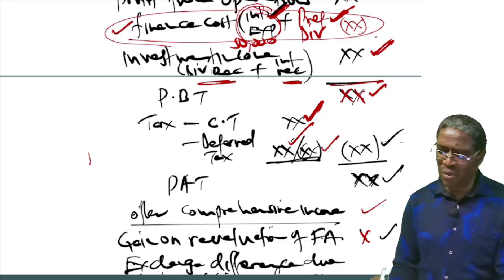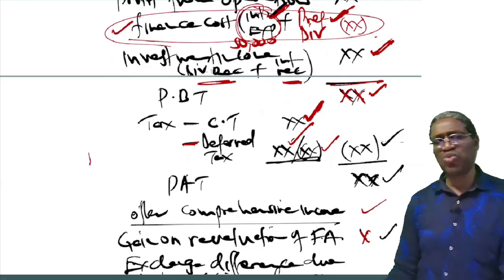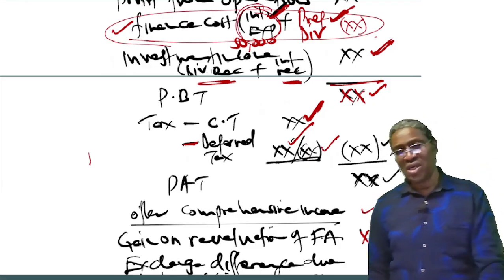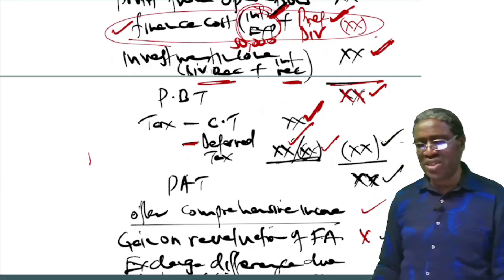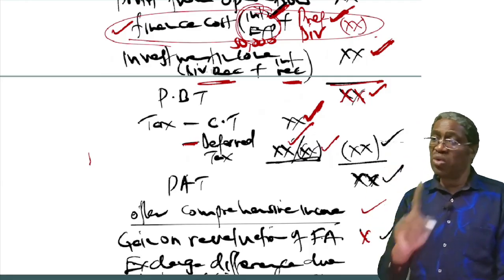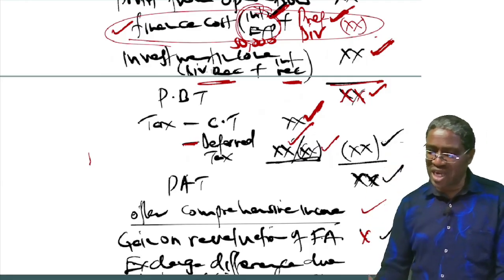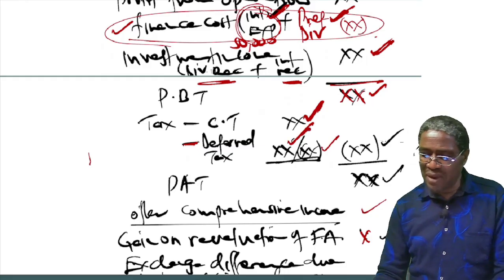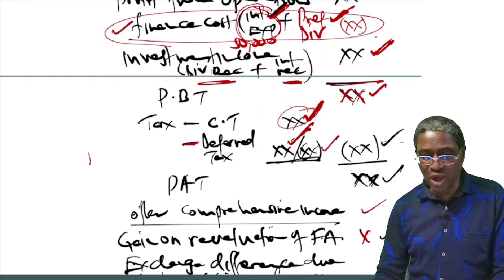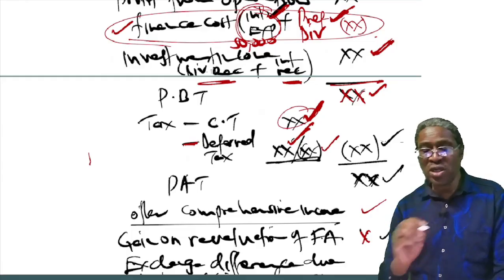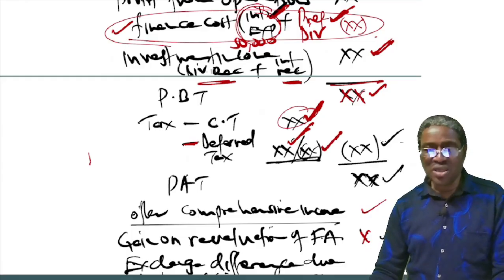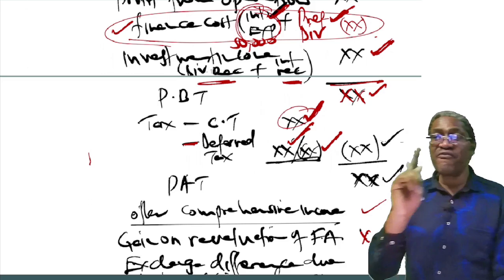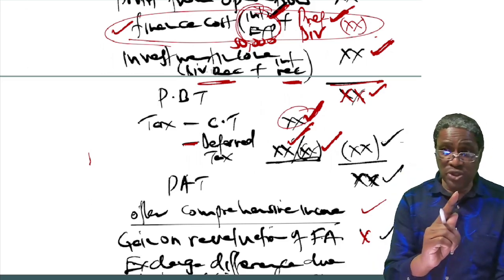Then we said the other form of tax that the question may have is what we were calling deferred tax. I told you we shall discuss that in details, but you remember we said when it comes to deferred tax, there are times you'll be required to add the amount of the deferred tax to the corporation tax, or there are times you may be required to deduct the amount of the deferred tax from the amount of the corporation tax.